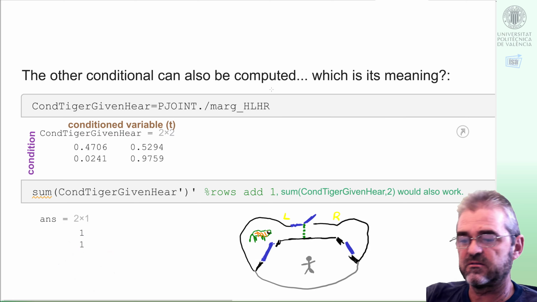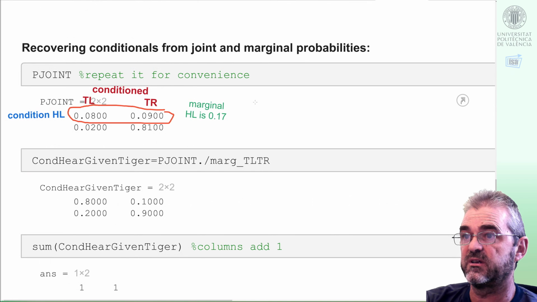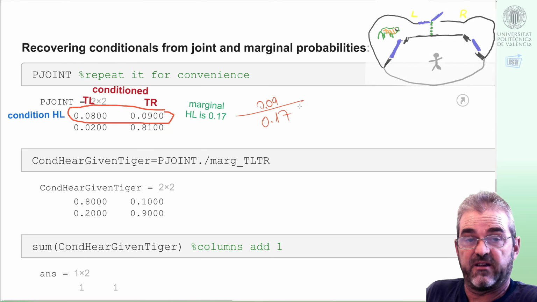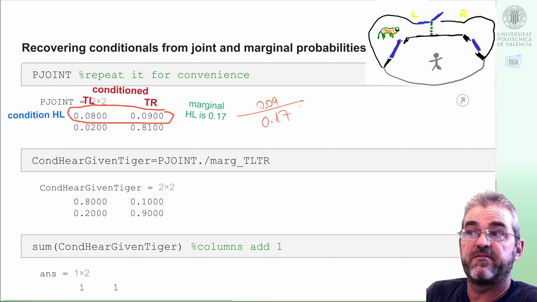Let us look at the joint table just for a last confirmation, so that indeed what we are doing is 0.09 divided by 0.17, which is 53% of the cases. So if I am sure that the thing in the top row has happened because I did hear roaring noises at the left door, then 53% of the cases will be caused by the tiger being right, roaring to the corridor, and the remaining 47% will be caused by the tiger actually being left, roaring to the door.